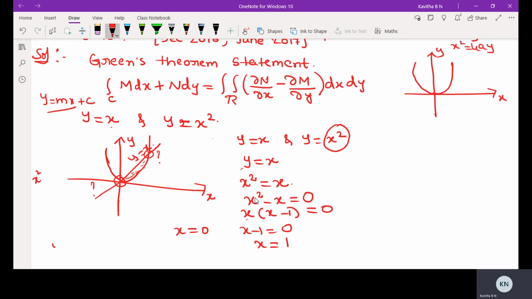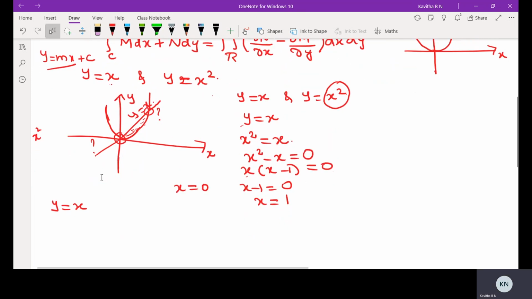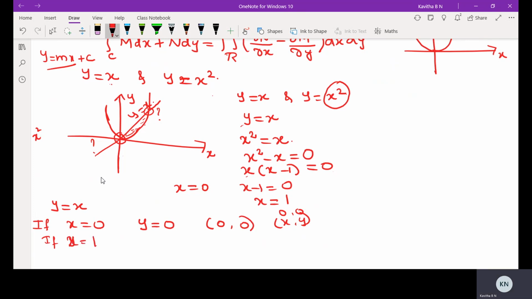Then take the equation y is equal to x. If x is equal to 0, y is also 0, so the point is 0 comma 0.